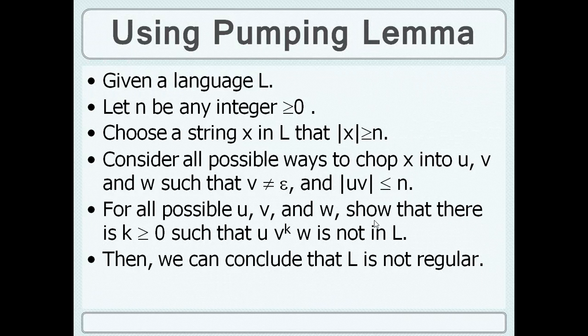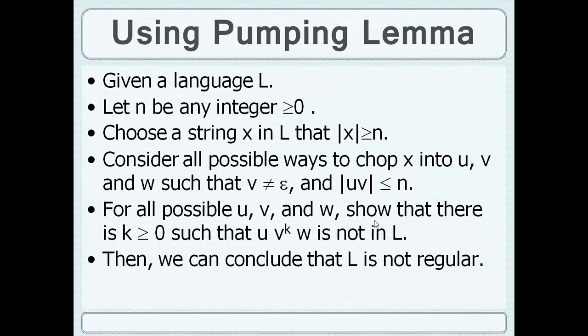So how to use the pumping lemma for a given language L: let n be a non-negative integer. Choose a string x in L such that the length of x is greater than or equal to n. Now consider all possible ways to chop x into u, v and w such that v is not equal to epsilon and the length of uv is less than or equal to n.